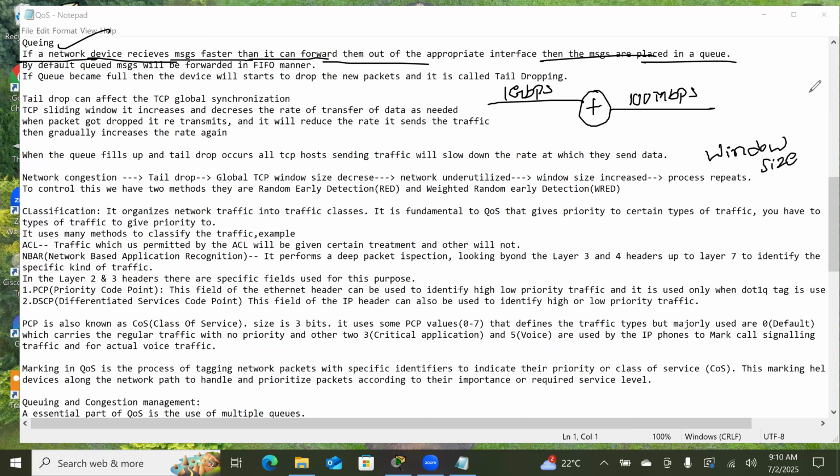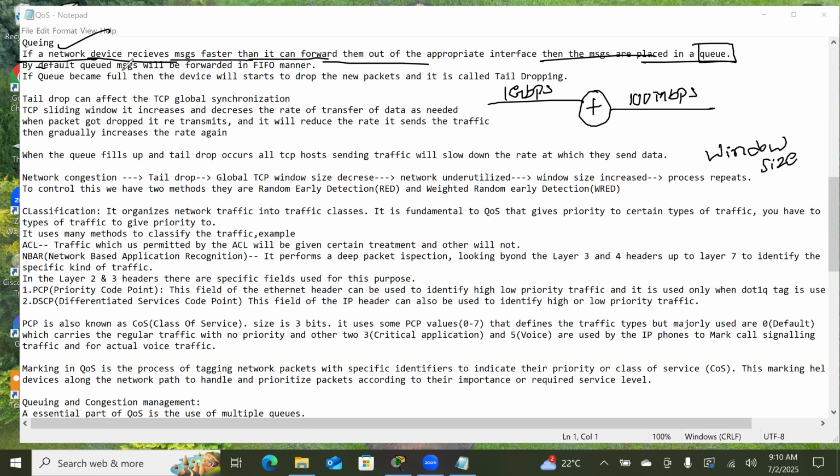What is it used for? To control the data flow. So what will happen if a network device receives a message faster than it can forward them out of the interface? It's going to place that extra data in a queue.